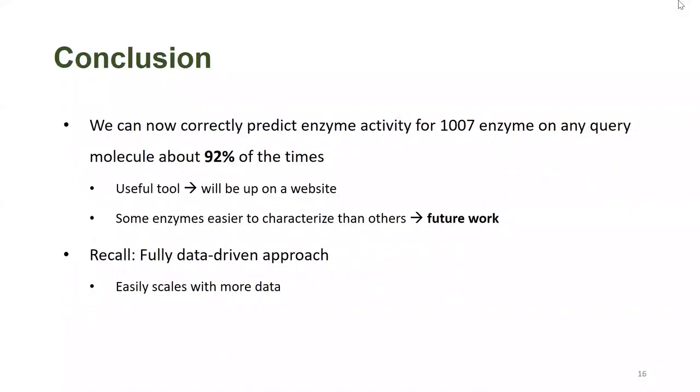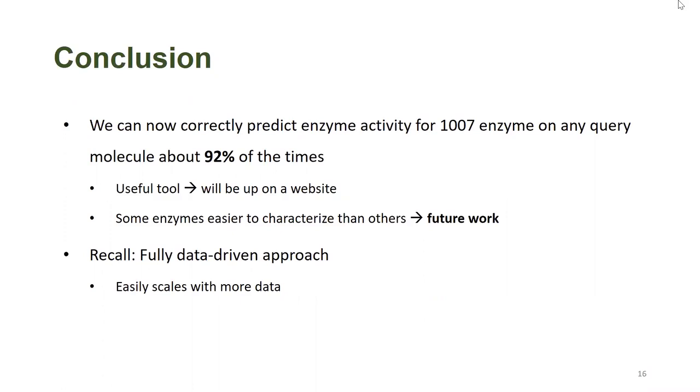So to conclude, now we have a tool that could allow us to predict the enzyme activity on any given molecule, and we can do that for about 1,000 enzymes. This tool will soon be available on a website. In our lab with my mentor, we're working on building a web tool to put this tool and other tools on.